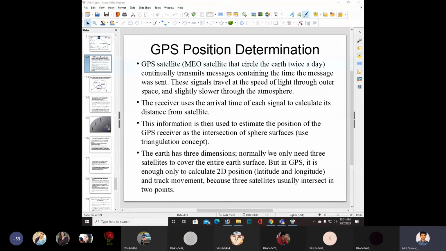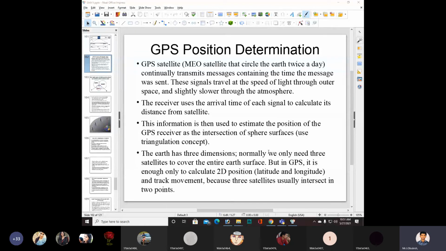Here, the Earth has 3 dimensions. Normally, we only need 3 satellites to cover the entire Earth surface.